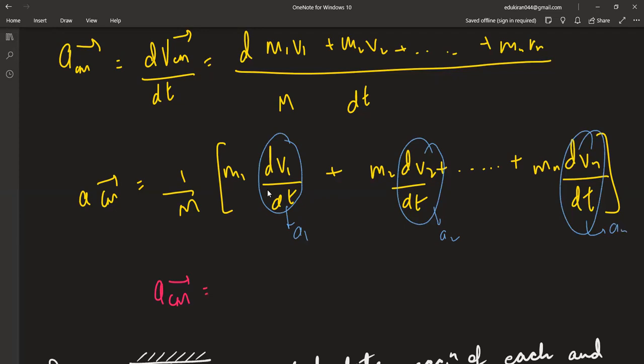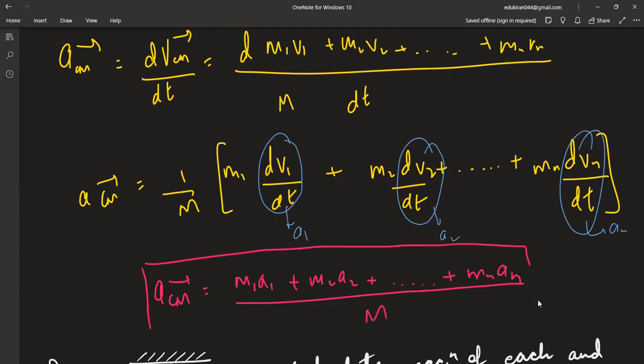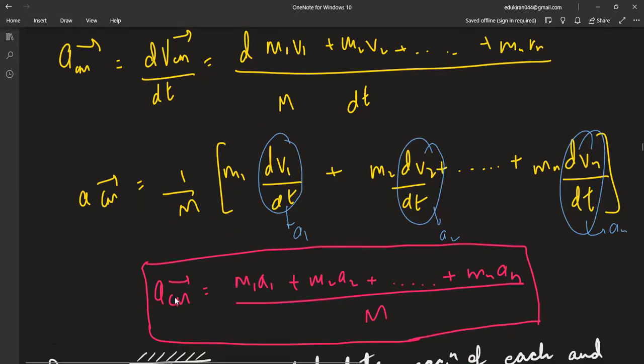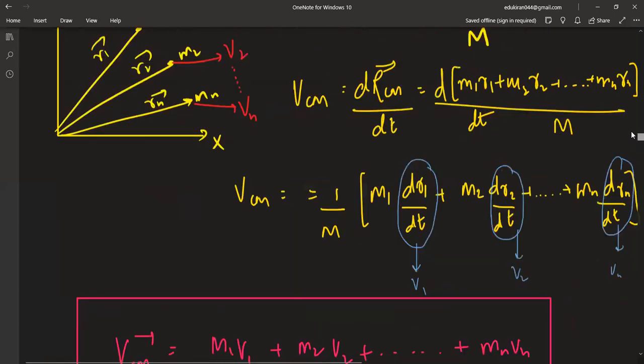Can you see this is exactly the same again? m1 a1 this time plus m2 a2 up till mn an divided by total mass. The formulas are exactly the same: when it was radius, m1 r1; when it was velocity, m1 v1; when it is acceleration, m1 a1. We'll see questions on this also. First, write down this.